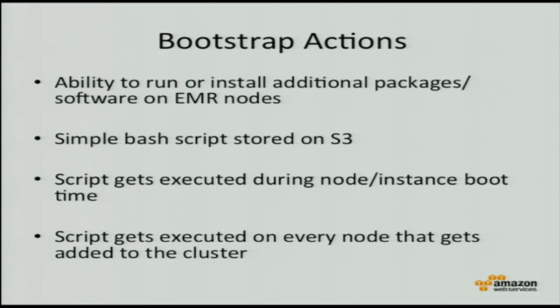The way it works is that you write a bash script, which can run apt-get, or any Perl, PHP, Java, or Scala. Put that on S3, and refer to that S3 location for the bootstrap action when you run the EMR cluster.